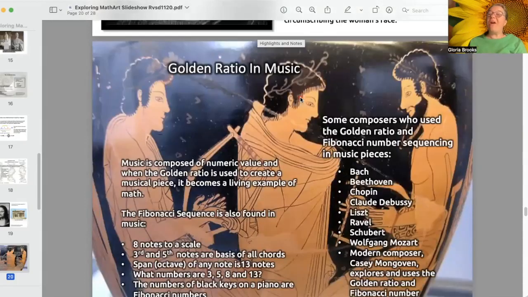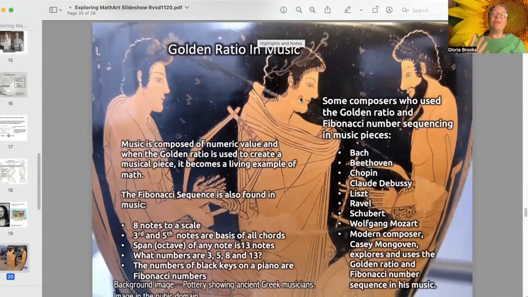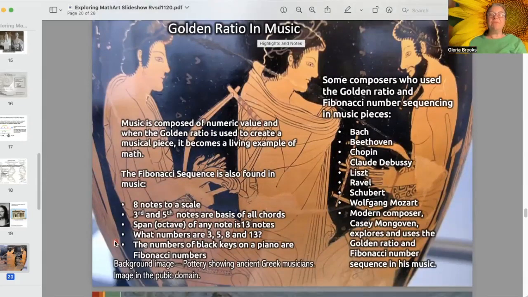There are artists today that create music within the golden ratio. Music is composed of numeric value, and when the golden ratio is used to create a musical piece, it becomes a living example of math. The numbers of black keys on a piano are Fibonacci numbers. Here are some composers who use the golden ratio and Fibonacci number sequencing in their musical pieces.